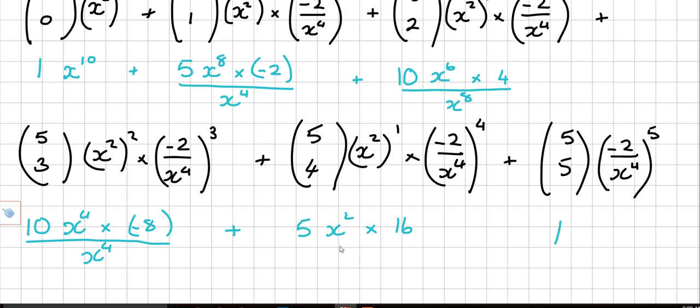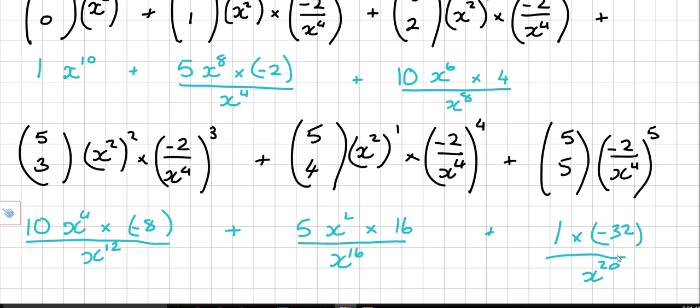Oh, sorry, I've got something wrong there. That shouldn't be 4, should it? See, that's what happens when you've got to check your work. That should be 12. And then finally, 1 times minus 2 to the power of 5 is negative 32, and that's all over x to the power of 20.